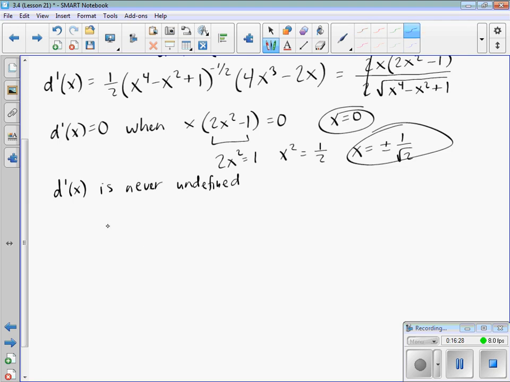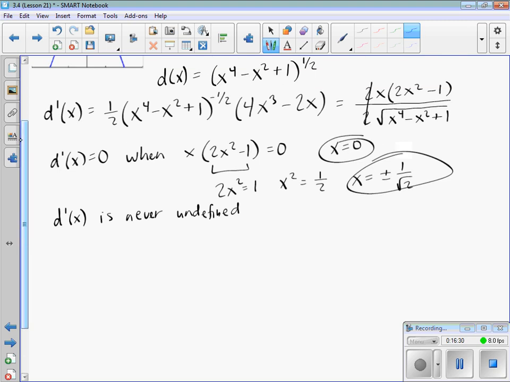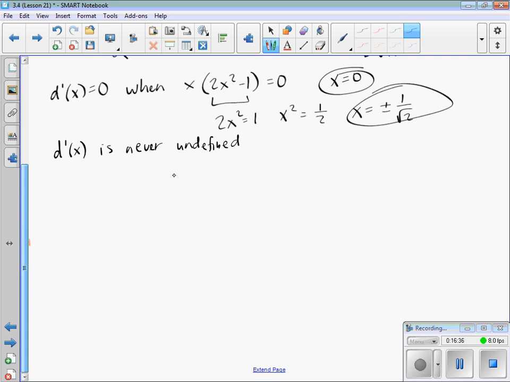You can either do the second derivative test, which the derivative's kind of terrible, right? So instead of doing the second derivative test here, I'll probably do the number line. I usually use the second derivative test when the derivative's kind of nice. Yeah, polynomials are really nice for that.